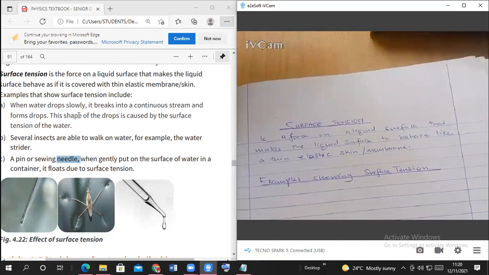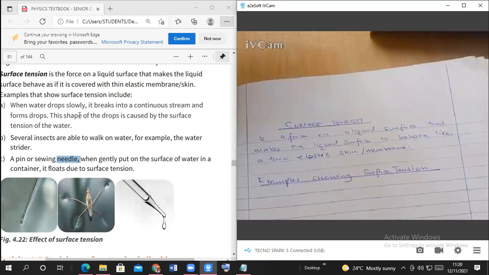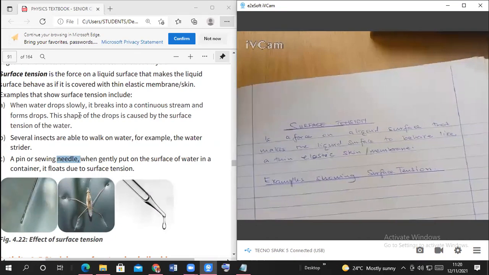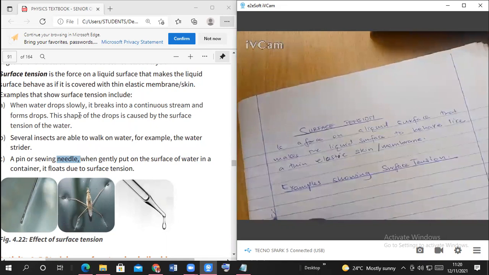This shape of the drops is caused by surface tension. So when water drops on any surface, it creates drops on that surface. What causes those droplets is the presence of surface tension.